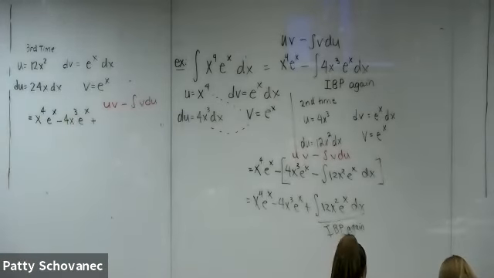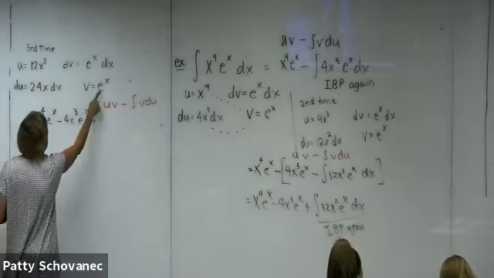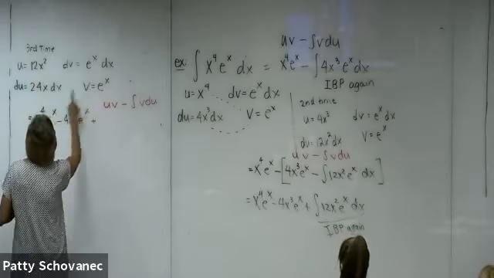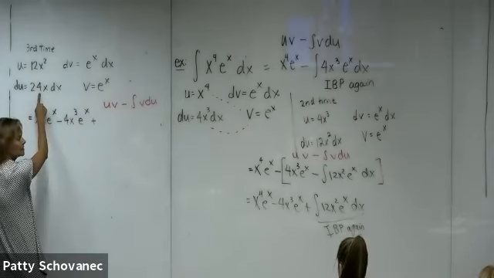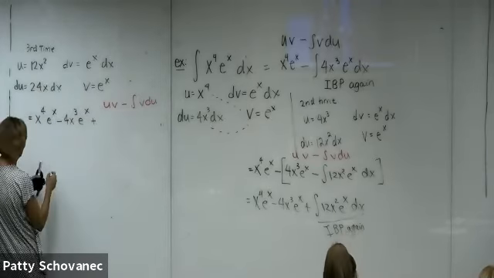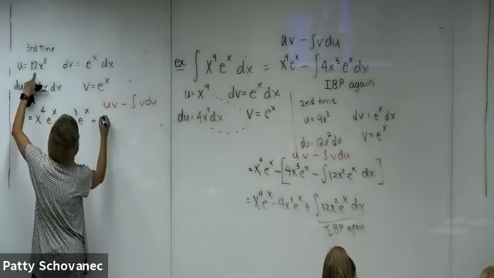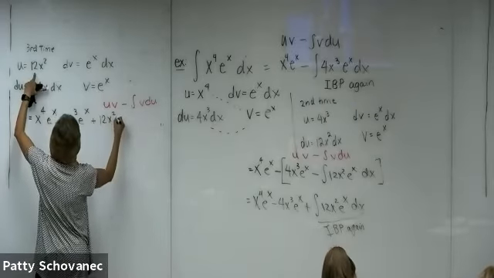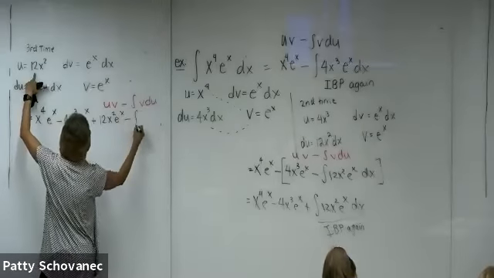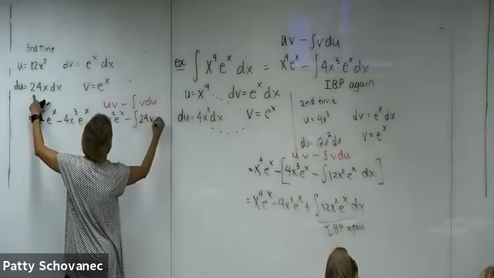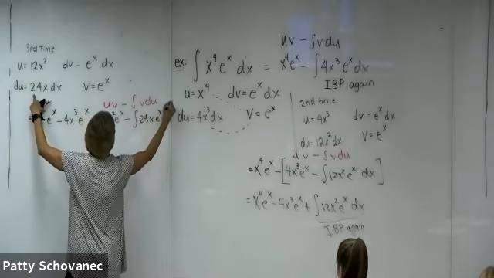Using our third iteration, uv is 12x squared times e to the x minus the integral of v du. I'll have a 24x e to the x dx.